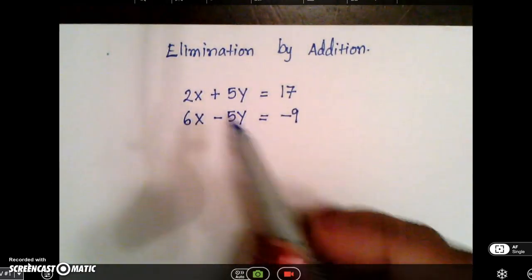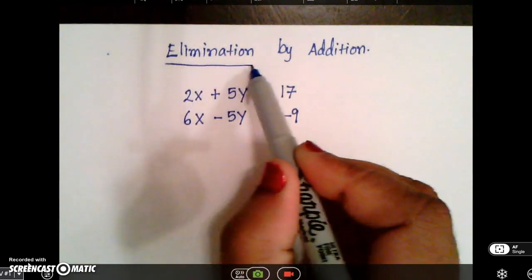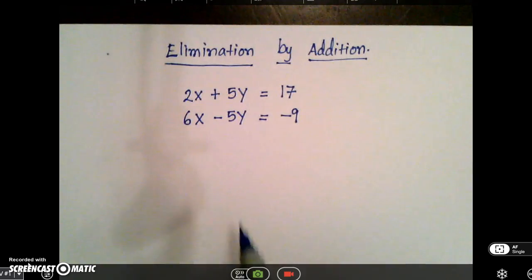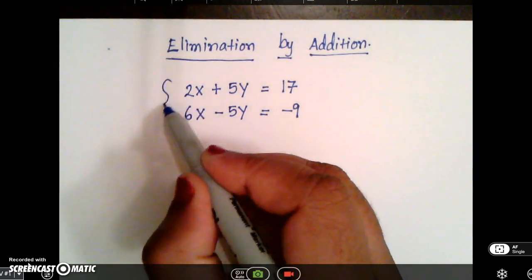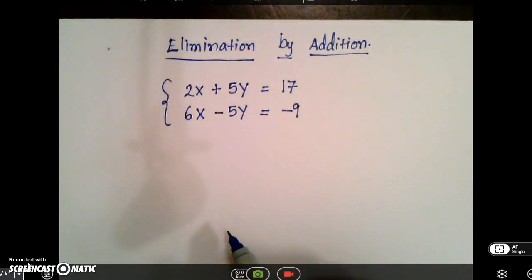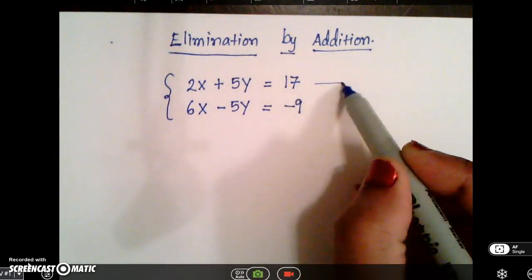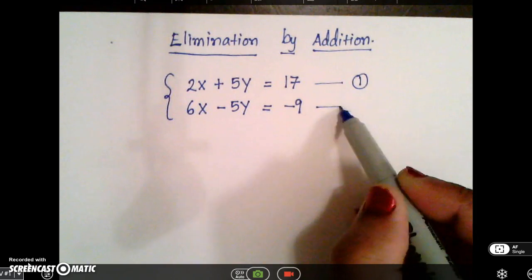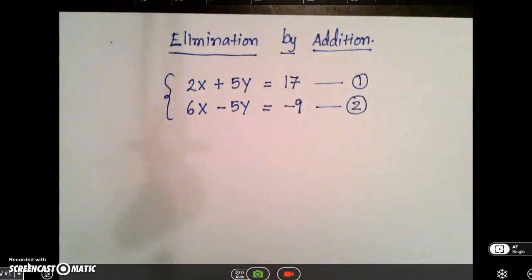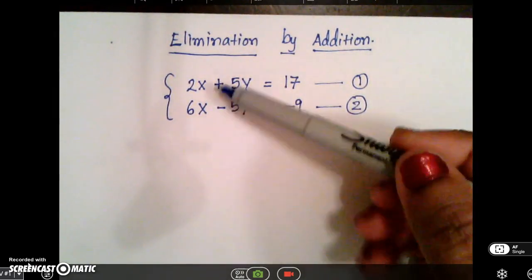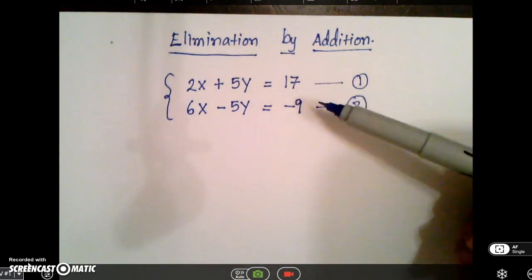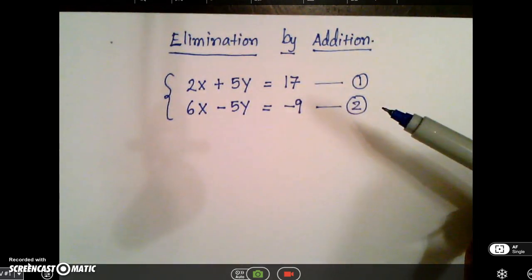The first elimination that we're going to do is elimination by addition. Let's consider these two equations that form our linear system. I have equation number 1 and equation number 2. We're going to use the addition property or the subtraction property.